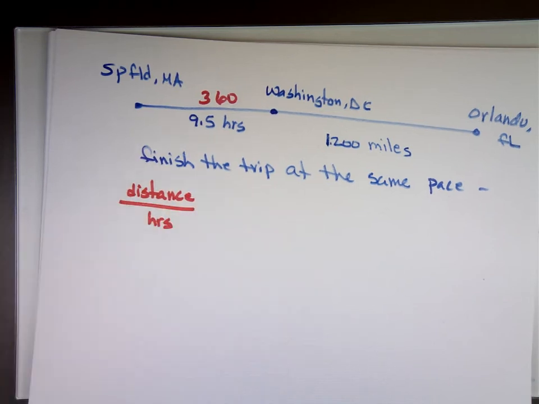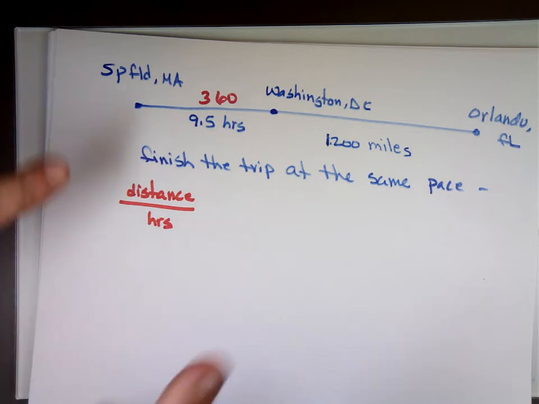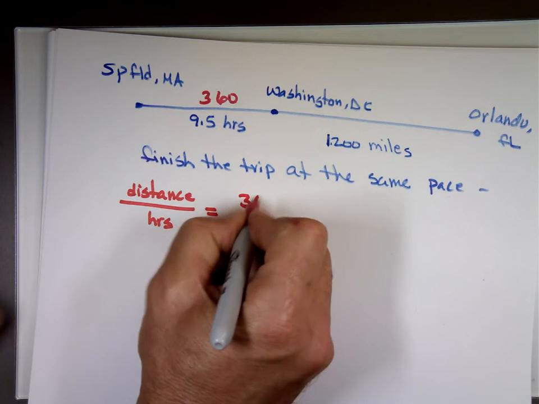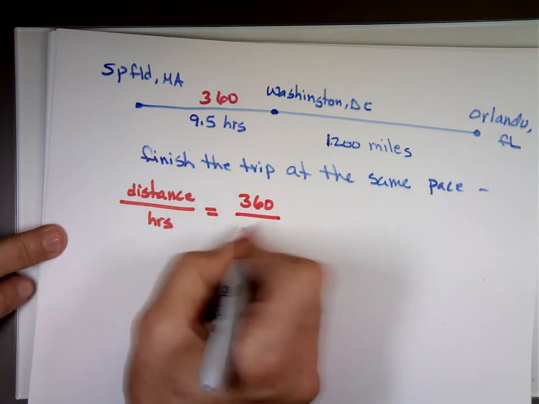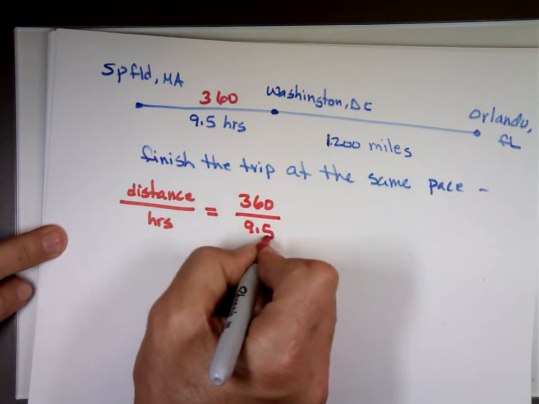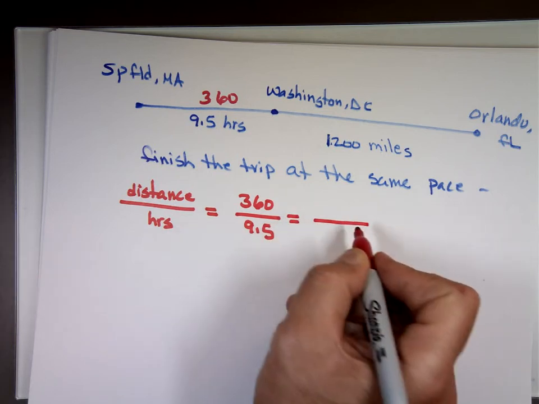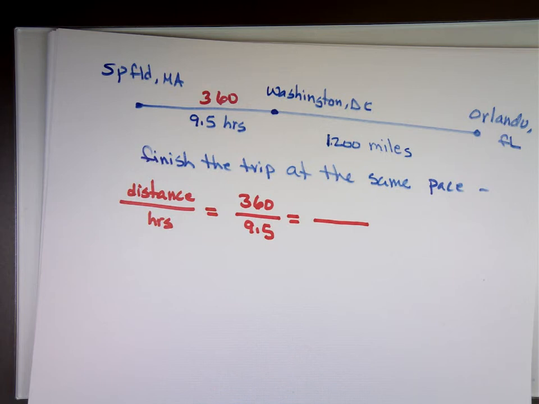For the first leg of the trip, what was the distance? 360. And how long did it take you? 9.5. To finish the trip, how many more miles do you have to drive? Not x. Nope, to finish it. Right.